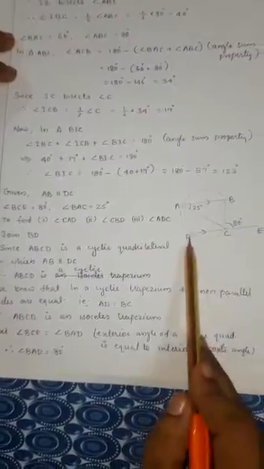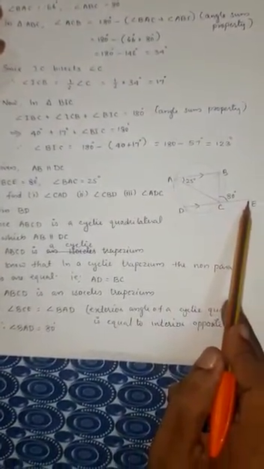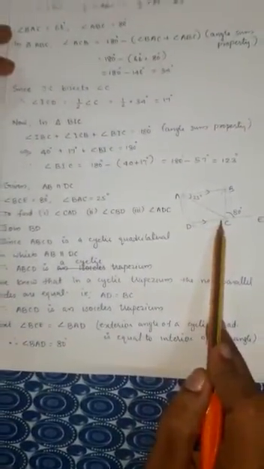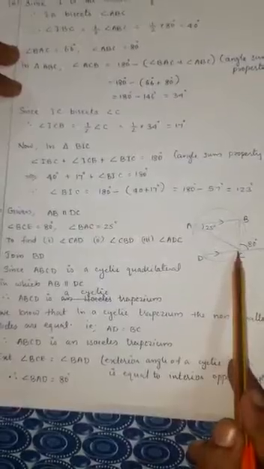Given that AB parallel to DC, angle BCE equal to 80 degree, angle BAC equal to 25 degree. To find angle CAD, angle CBD, angle ADC.